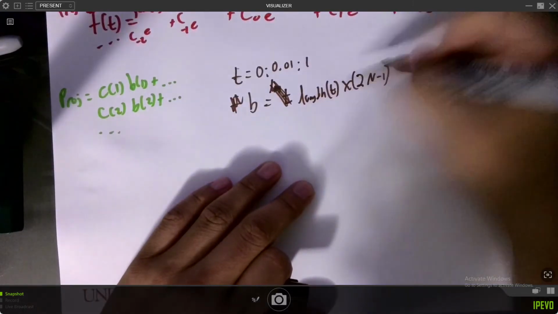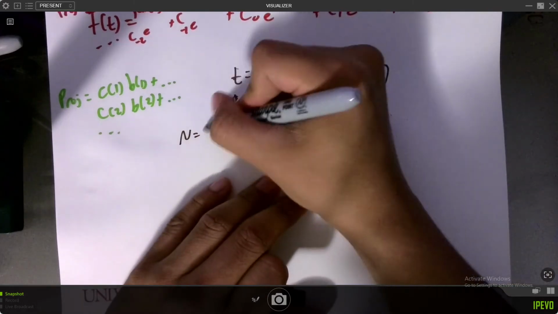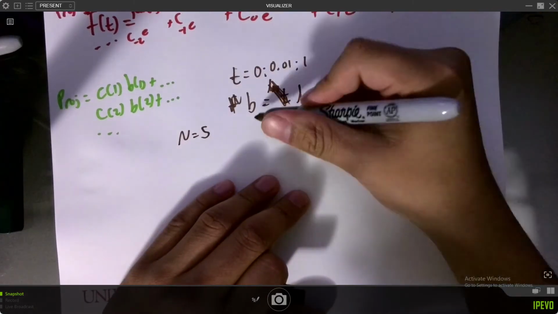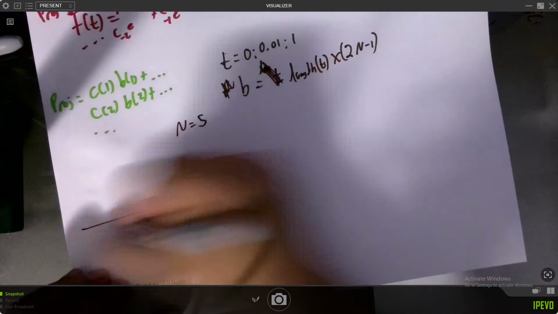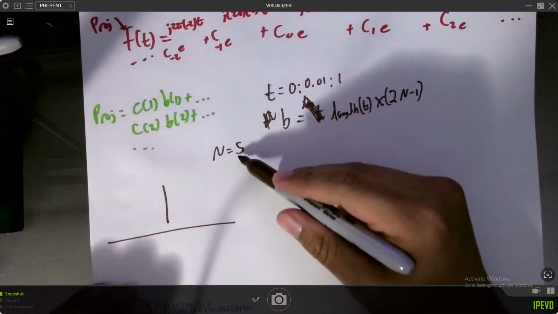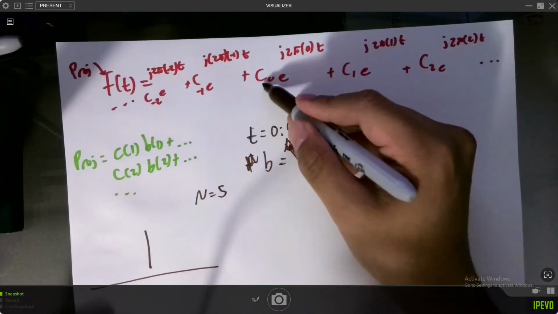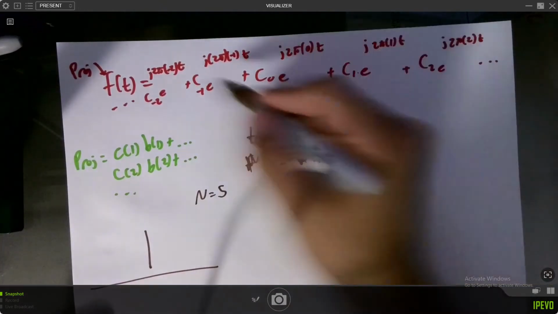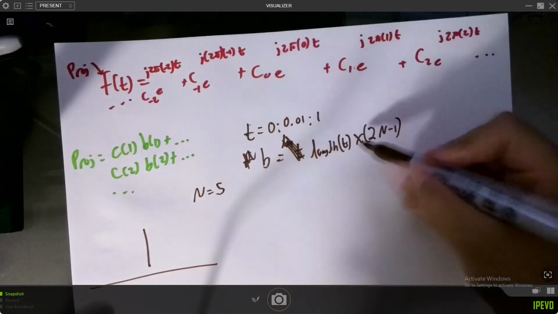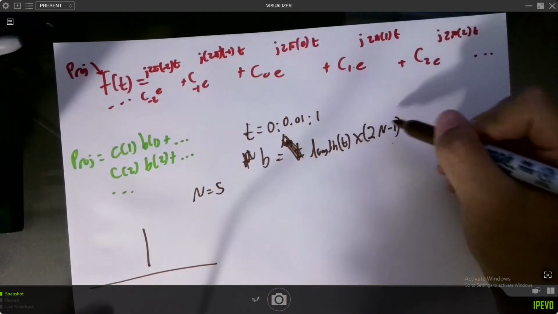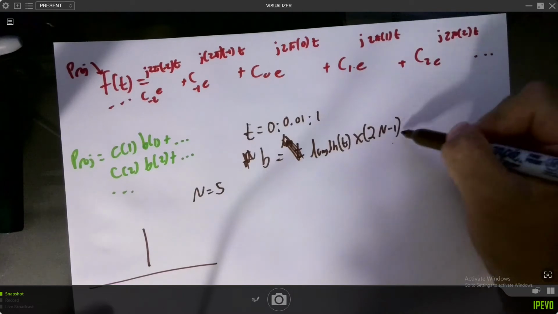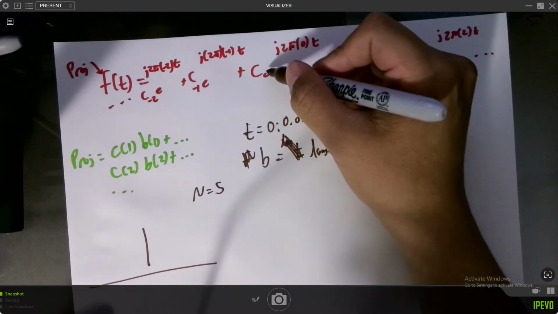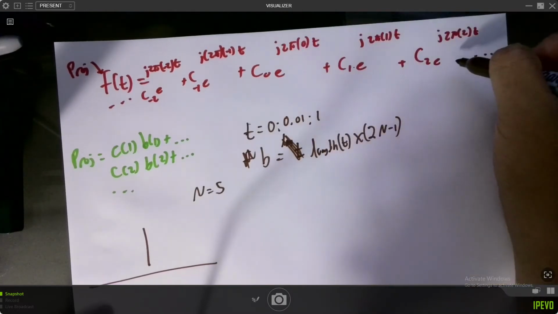So for example, let's say n is equal to 5. I'm going to draw for you. For the exponential Fourier series, if you have n equals 5, you're going to have 1 right here, and then 1, 2, 3, 4, 5 on the right and 5 on the left. So 2 times 5 is 10, minus 1, that's 9. Actually, I think this is going to be 4.